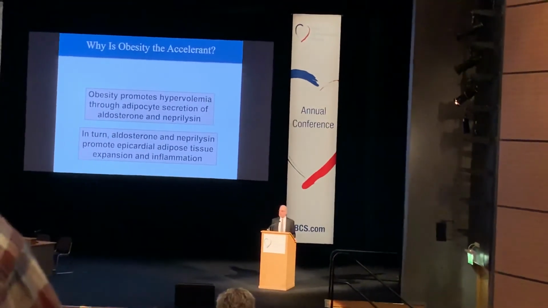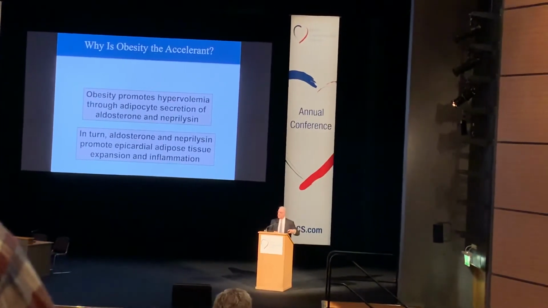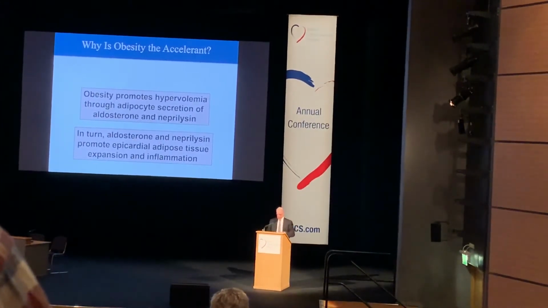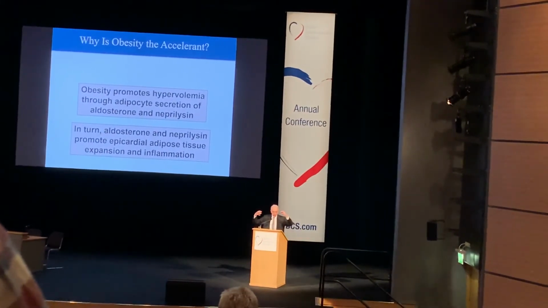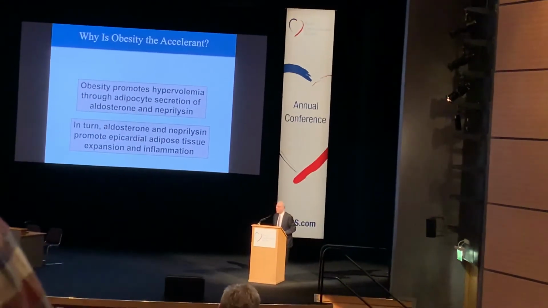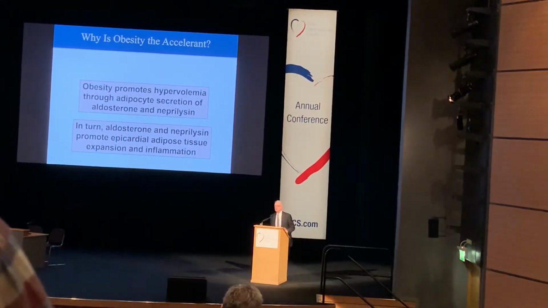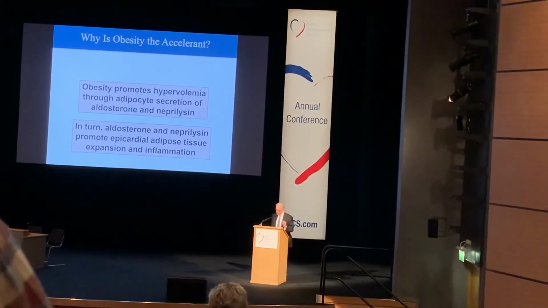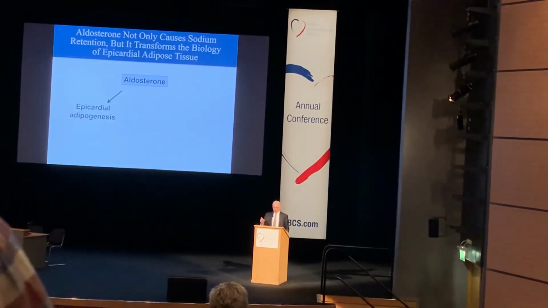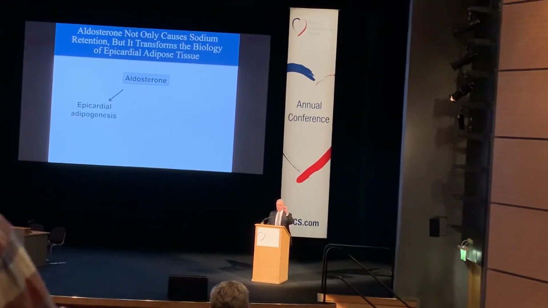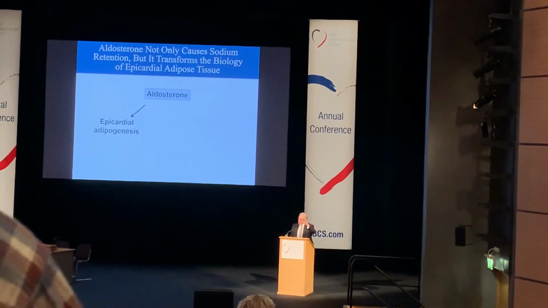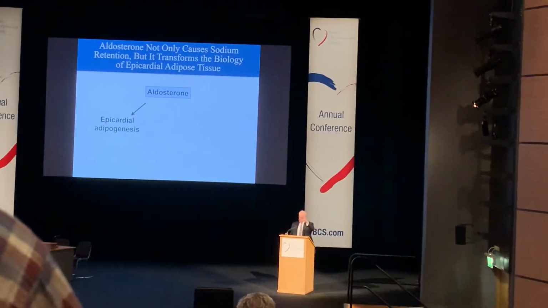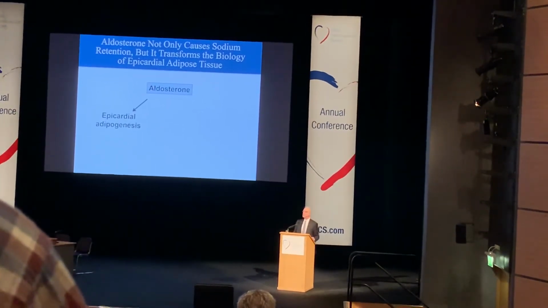Interestingly, both natriuretic peptides and aldosterone feed back onto the epicardial adipose tissue to transform its biology. So aldosterone itself causes epicardial adipose tissue to expand and become inflamed.